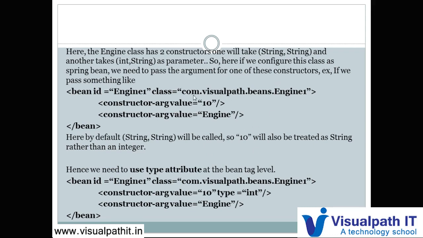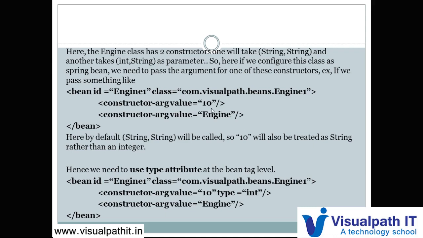For example, we have the class com.visualpath.beans.Engine1, and here the constructor argument value is 10 and the value is engine. Even though this 10 is an integer, by default everything will be considered as a string.